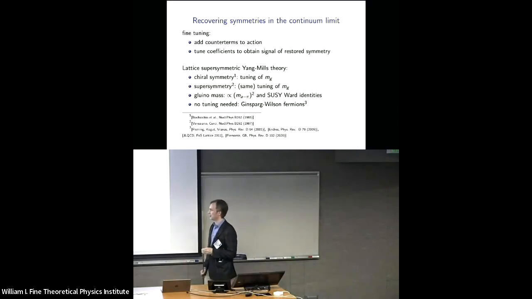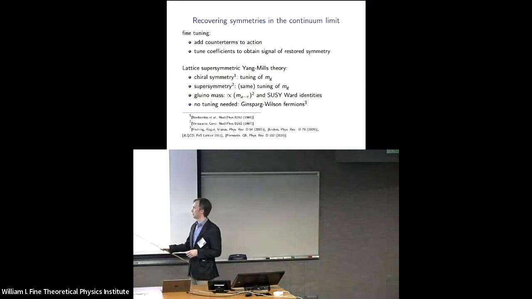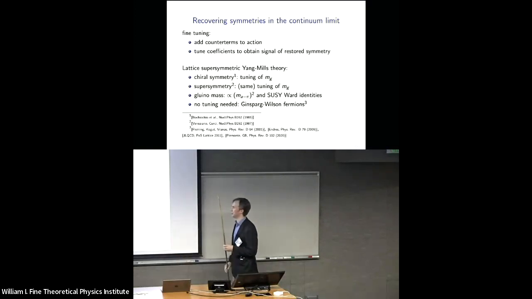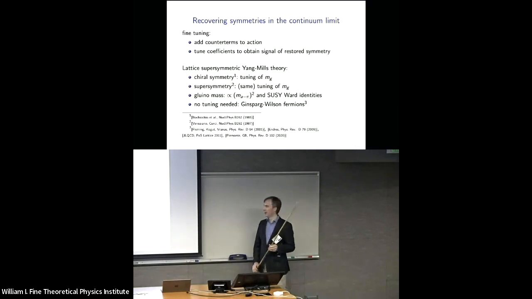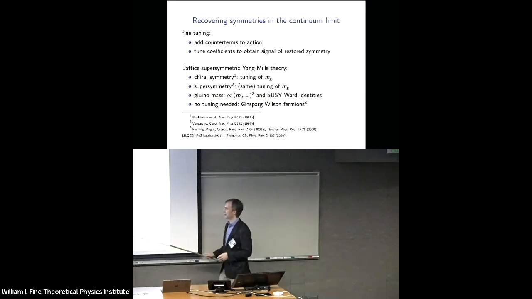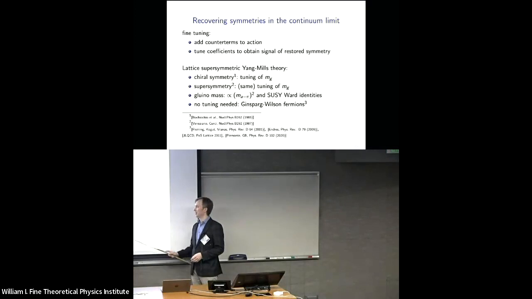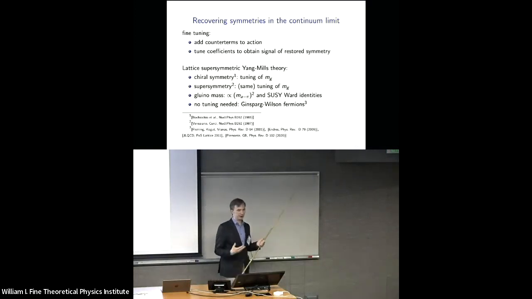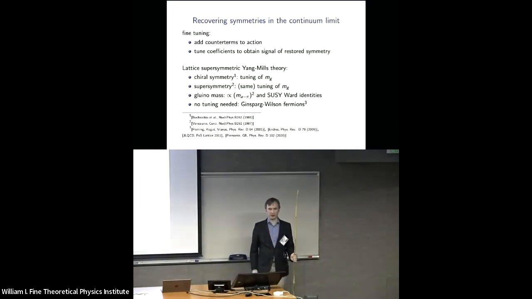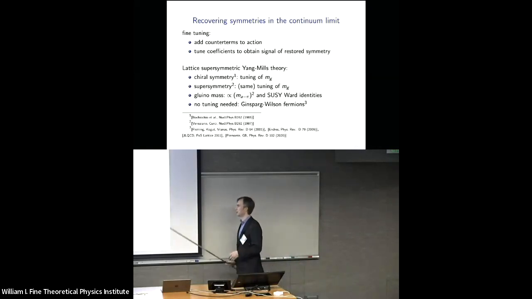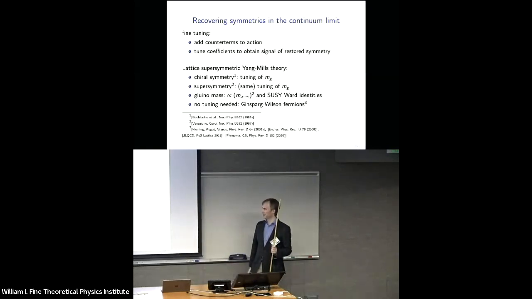In N equals 1 supersymmetric Yang-Mills theory, this fortunately turns out to be very easy. First of all, chiral symmetry is actually similar to what you would do for simulations with Wilson fermions in QCD. You would have to tune the mass towards some critical value where you recover the symmetry.